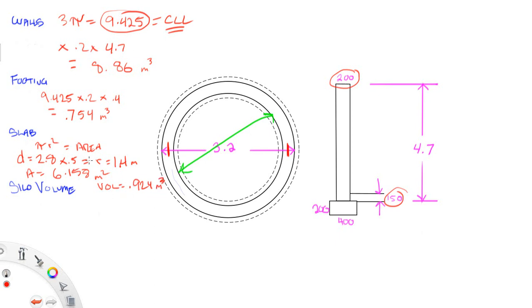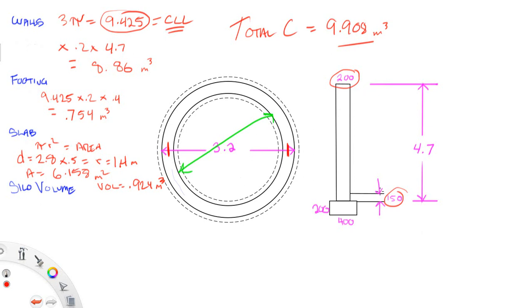Now that we have our slab volume, our footing volume, and our wall volume for our concrete, we can simply add all those together and calculate our total concrete volume. So total concrete should equal 9.908 cubic meters.